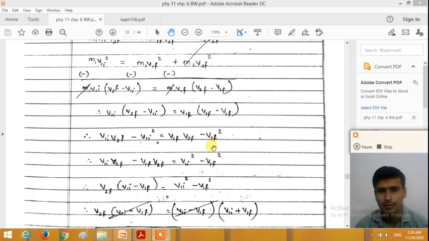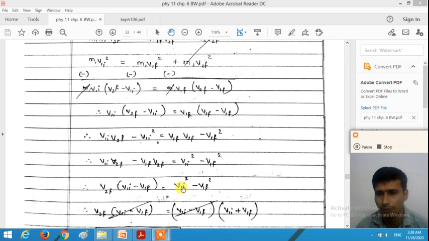So take this v1f squared on the opposite side, right? So we get v1i v2f minus v1f v2f is equal to v1i squared minus v1f squared. So in this term we take the v2f common. So v2f bracket v1i minus v1f is equal to v1i squared minus v1f squared.